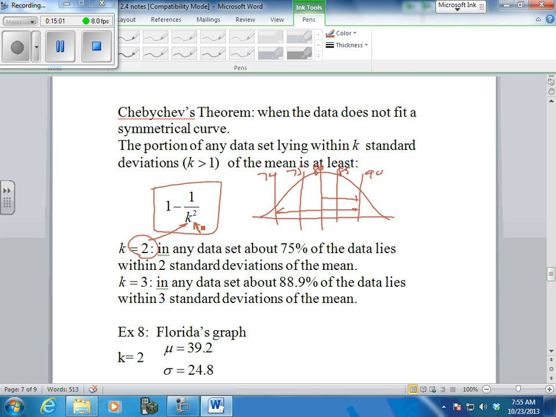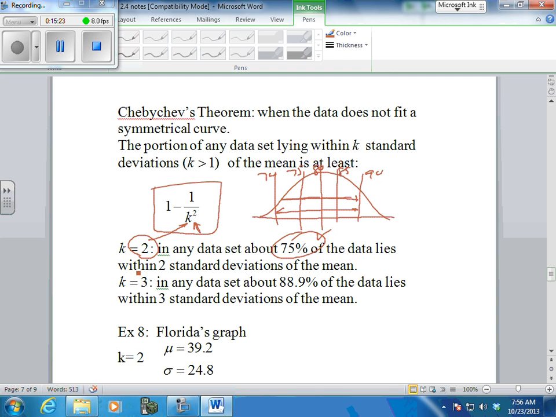When you plug in the 2, you get 4. So 1 minus 1/4 is 3/4. So instead of 95% of this class, I'm going to say 75% of my class falls between here. It just gives me a little bit of leeway because this is not a normal curve. So now I'm going to say 75%.